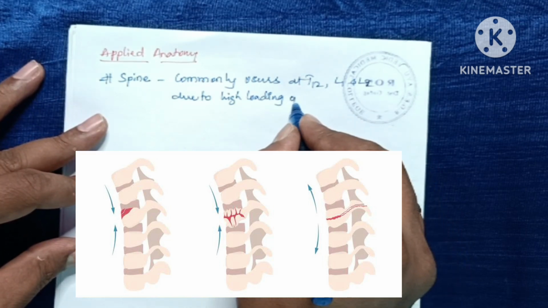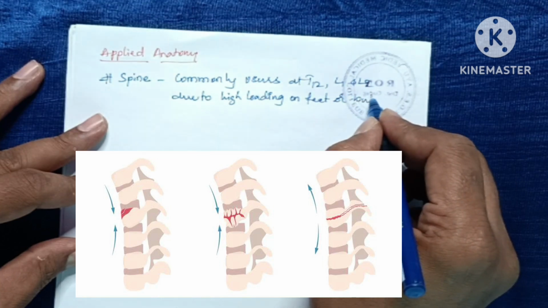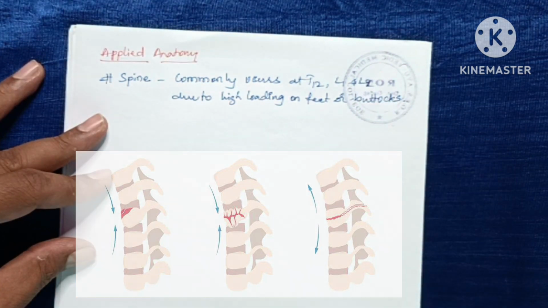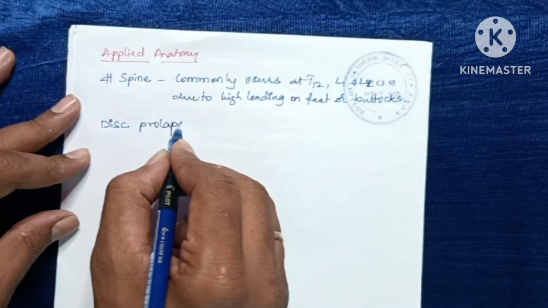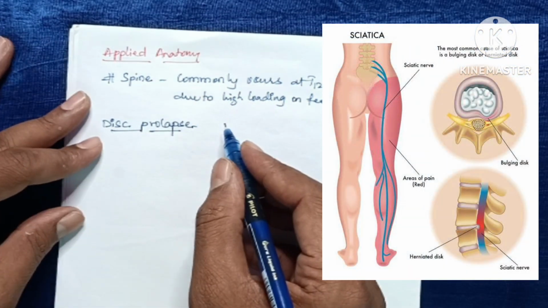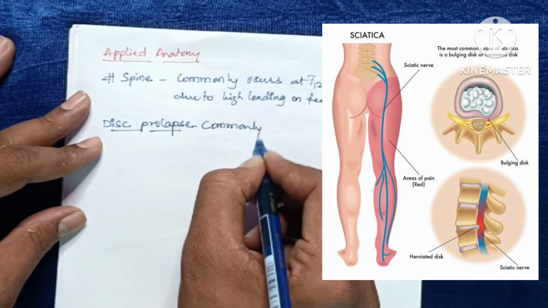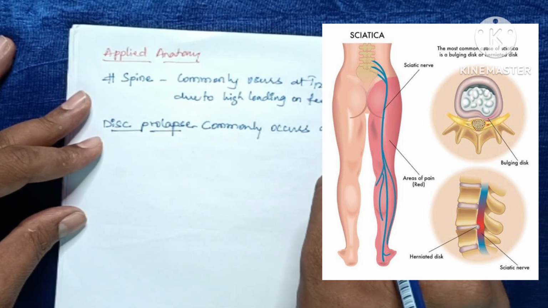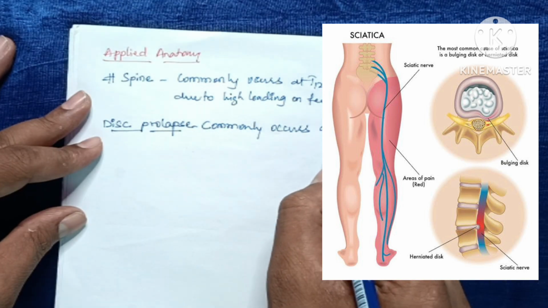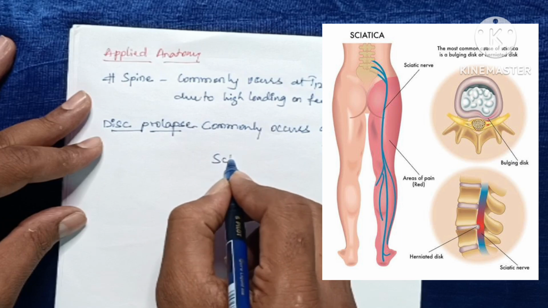The next applied anatomy is disc prolapse. Disc prolapse commonly occurs at L4, L5 or L5, S1.